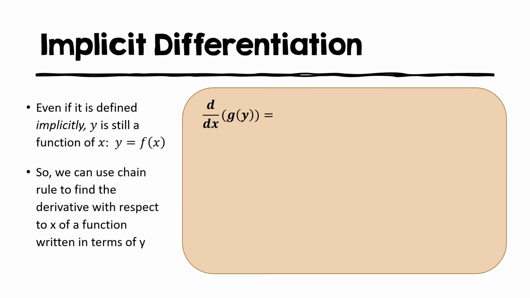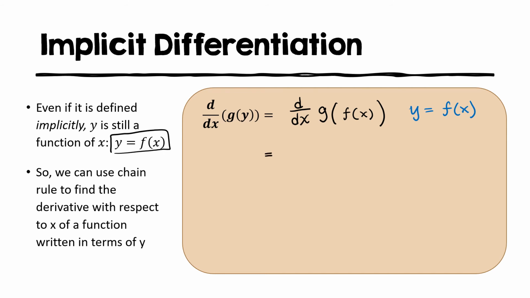That will be equal to the derivative with respect to x of g of, well, y is equal to f of x. So this will be g of f of x. Just because y is equal to f of x, so we can substitute f of x in for y.